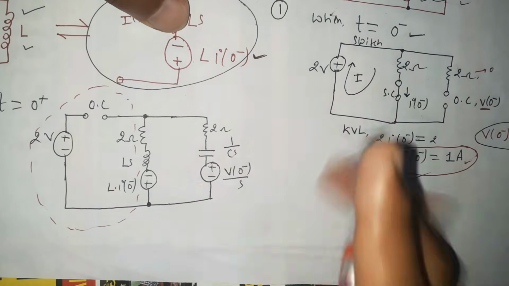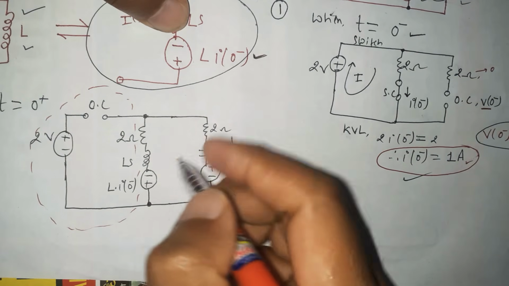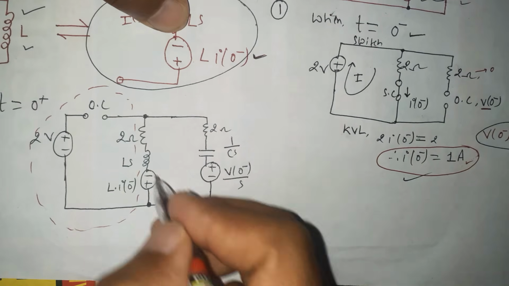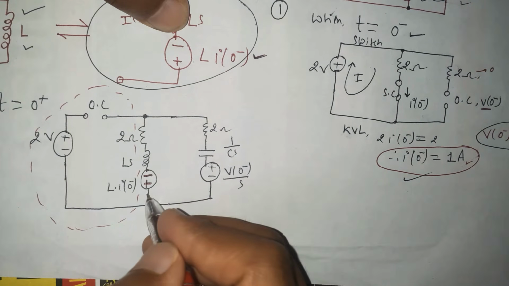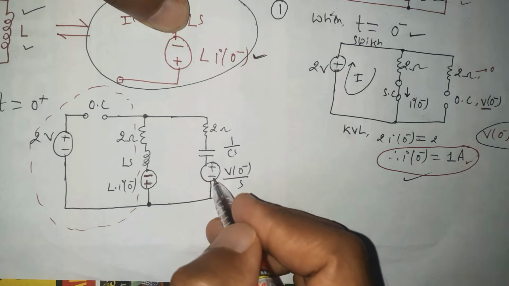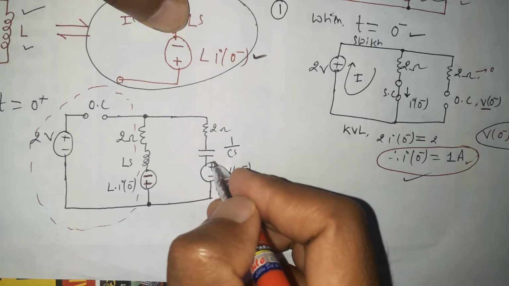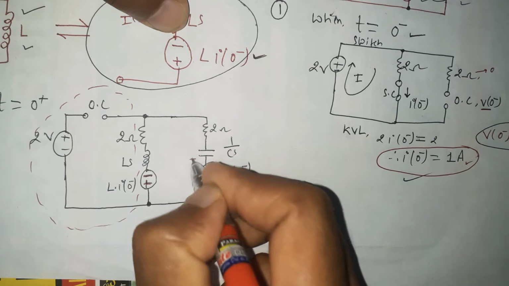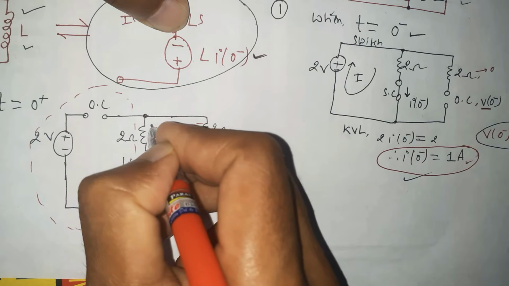Let's evaluate. In this circuit, in this loop, let's use Kirchhoff's voltage law. Here this is minus, this is plus, this is minus, this is plus, plus minus, plus minus.